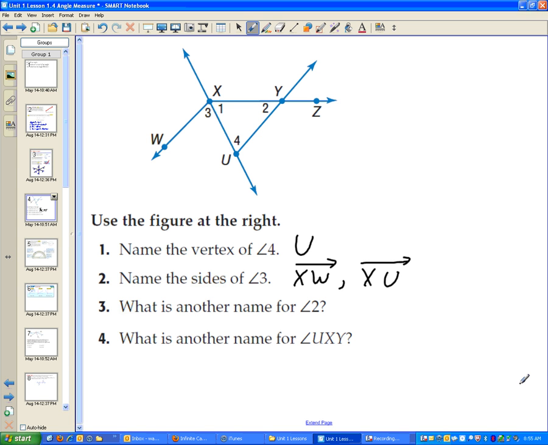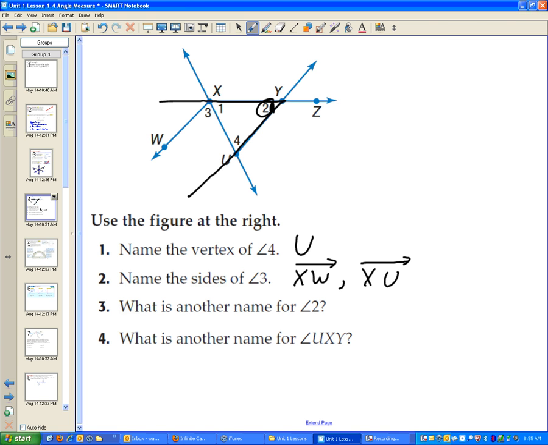What's another name for angle 2? Well, look, here's angle 2. All right, another name for it, another good name. I could call it angle Y, but when we really know which angle Y is, no. What's another name? Okay. Because there's the 2.